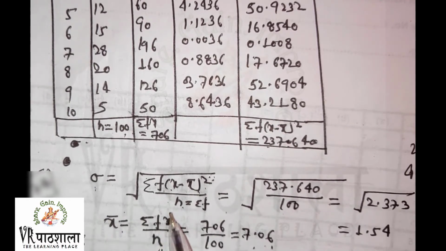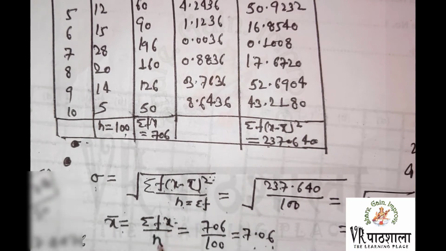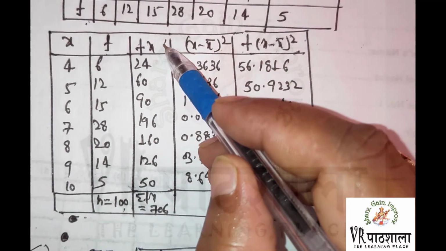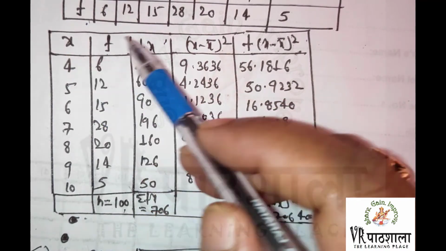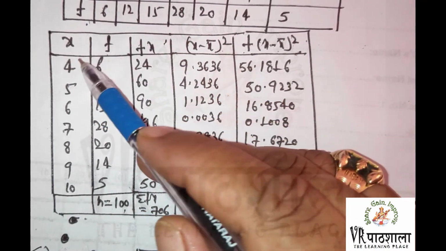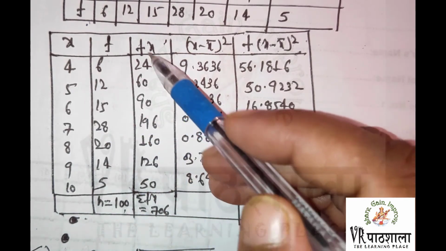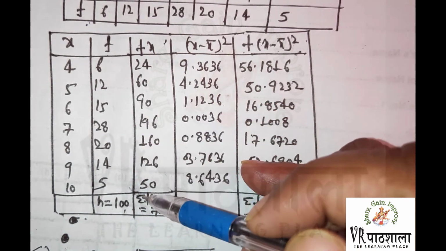So for the mean, first we calculate f into x. Summation is applied on f into x, so we need a column fx. Since x and f are given, we easily calculate f into x. 4 into 6 is 24, 5 into 12 is 60. Like this, we calculate all entries.